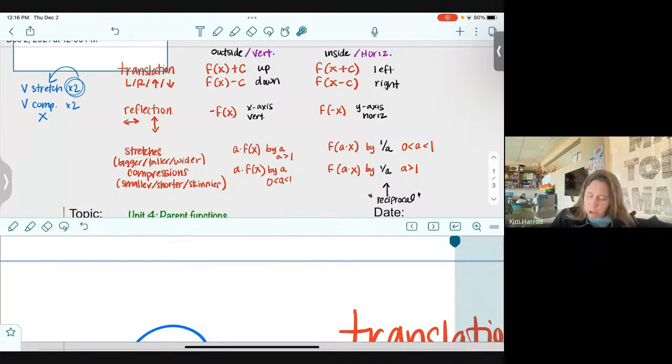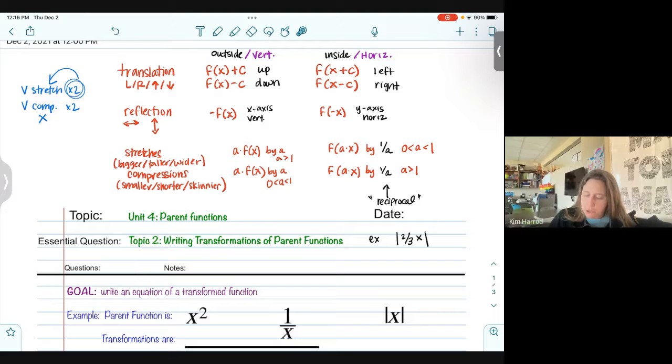Okay, now I'm going to look at the actual value there, the 2/3, and see where that falls. Is 2/3 between 0 and 1, or is 2/3 greater than 1? Well, 2/3 is between 0 and 1. So that tells me that I am going to have a stretch by the reciprocal of the number in the equation. So this would be classified as a horizontal stretch by 3/2.